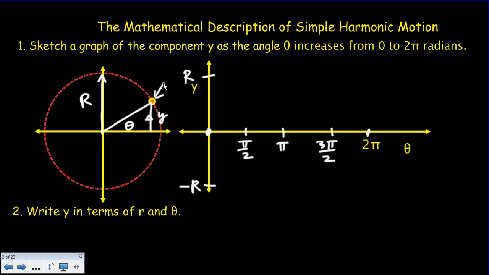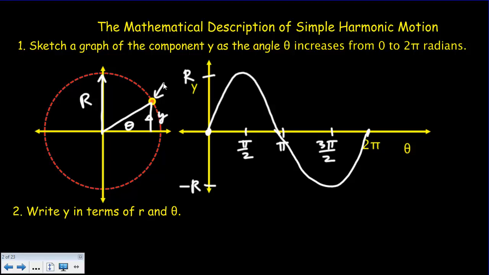And so by the time you got to 90 degrees, you'd be at that maximum value. It would come down to 0 as it went through pi, reach the minimum value at 3 pi over 2, and then come back again. So we get a function like that.